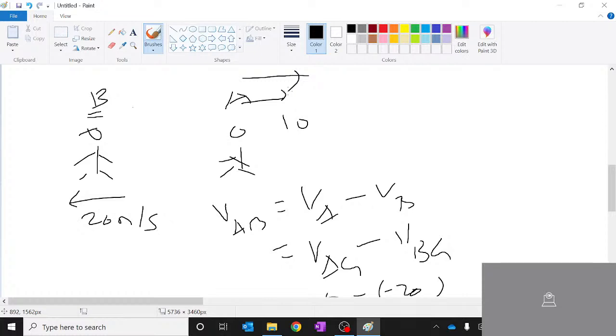Why? Because already I have a velocity in the negative direction of 20 meters. So if a fly is sitting here, it will also have the same reference of velocity, 20. So it will feel as if A is moving towards the opposite direction with a velocity of 30 meters. Clear? Understood?